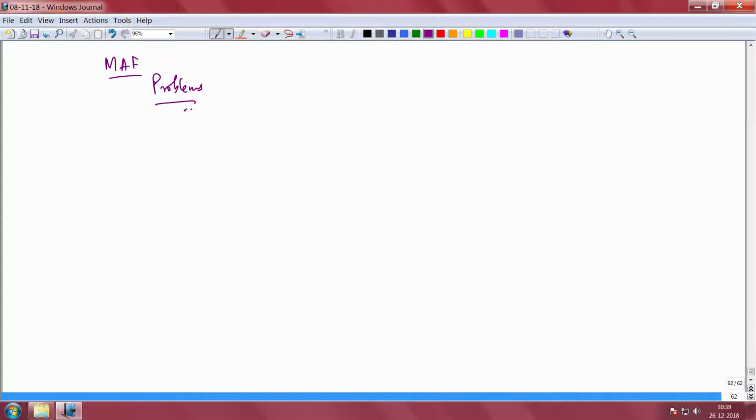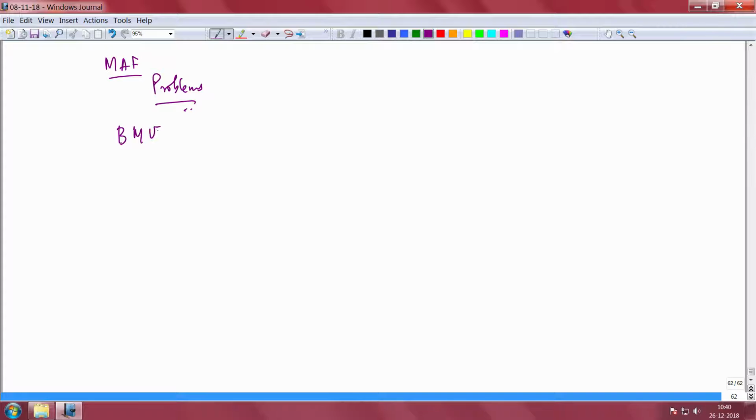First thing is, let me give you an overview. There has been no world leader vendor in this area which has not had problems with MAF. BMW has had problems with the MAF sensor, GM has had problems with it, Volkswagen, then Mazda, then Toyota, then Nissan.